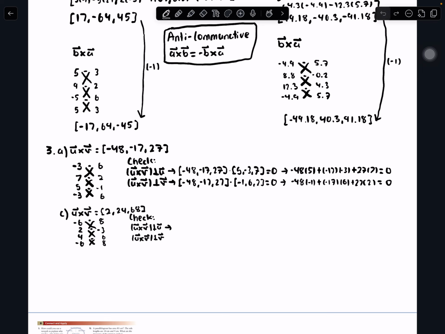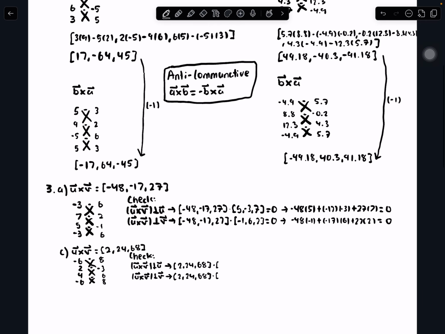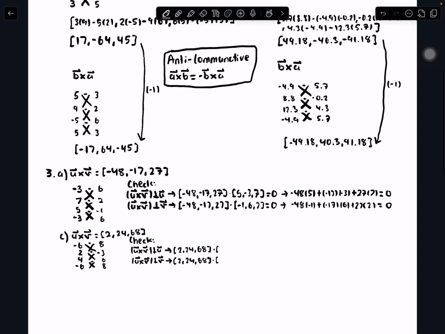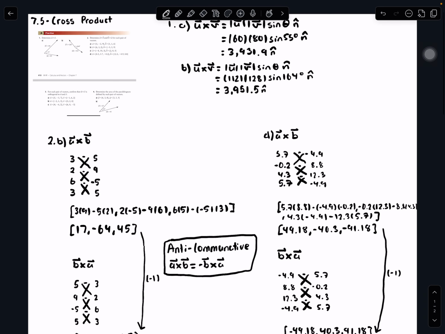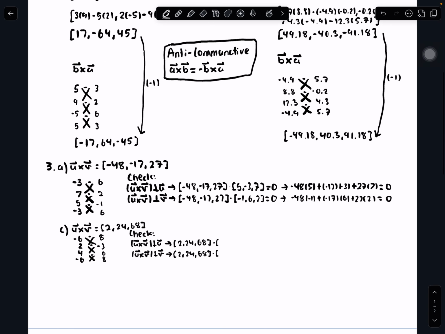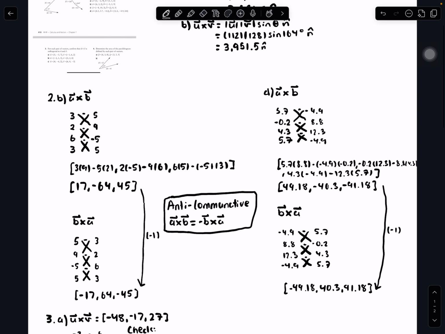Okay, so we get 2, 24, 68 dot 2, 24, 68. The dot product really doesn't care which order you dot the vectors in. This is not anti-commutative, but it is in fact commutative. So A dot B is the same as B dot A. Stated simply. So what is U in this case? U is 4, negative 6, 2. And V was 6, 8, negative 3.